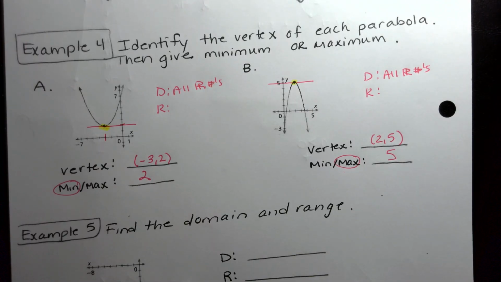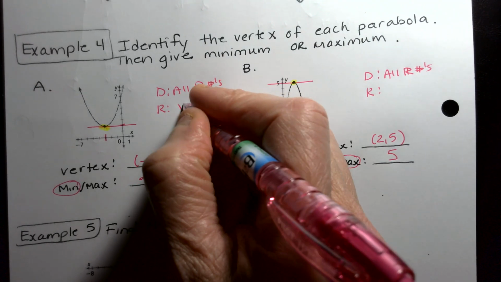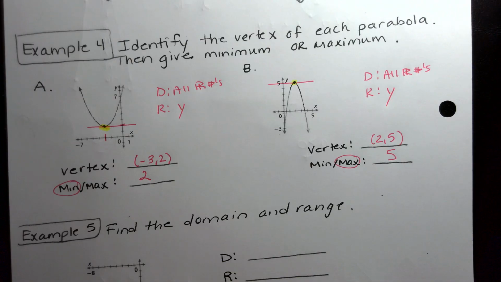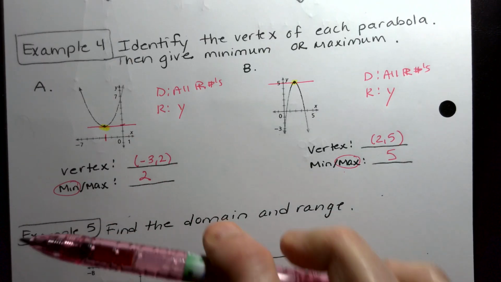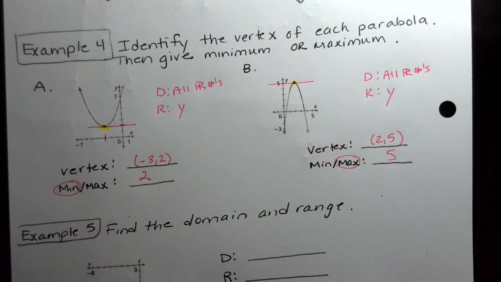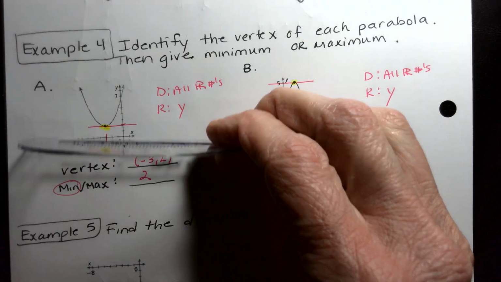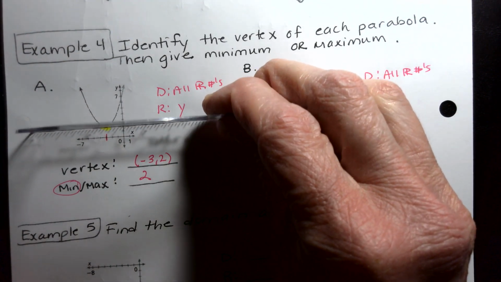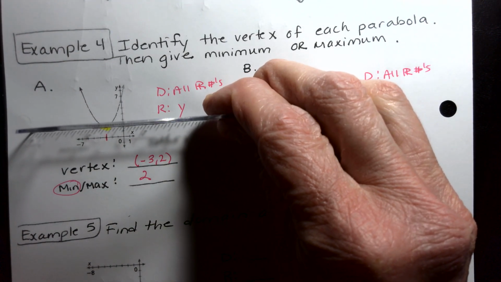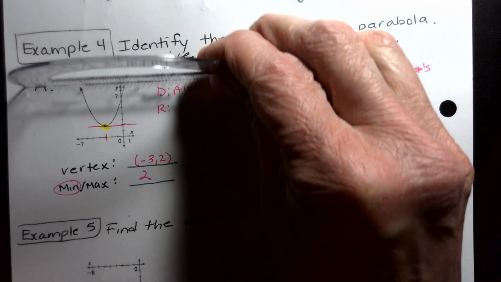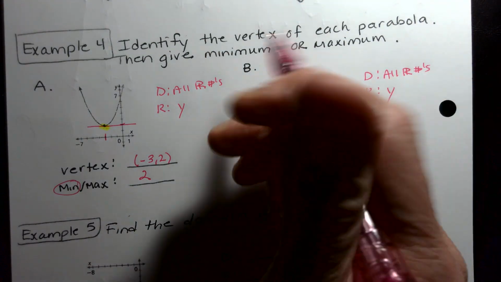Now the range is an infinite amount of points, so you're going to use an inequality here. So you hold your pen this way, or your ruler, or whatever it is you're going to use. Y is, what is that, 2? Greater than or equal to 2.